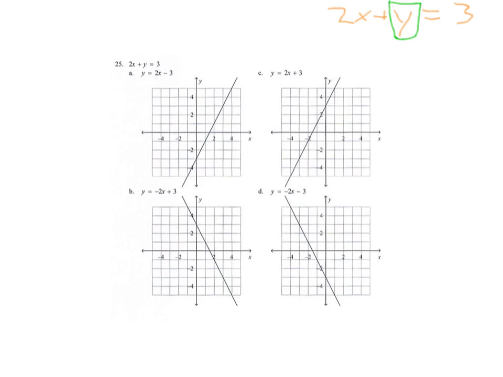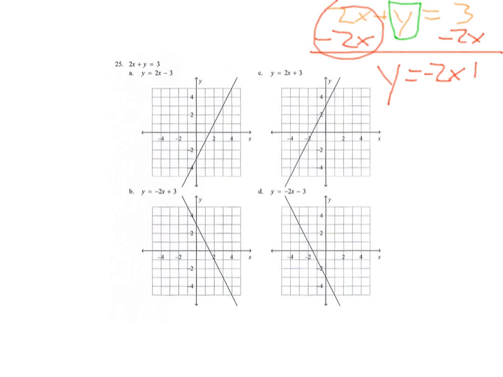So I'm going to subtract 2x from both sides. This zeroes out and leaves y equals negative 2x plus 3. Y is now all by itself, so that's nice.